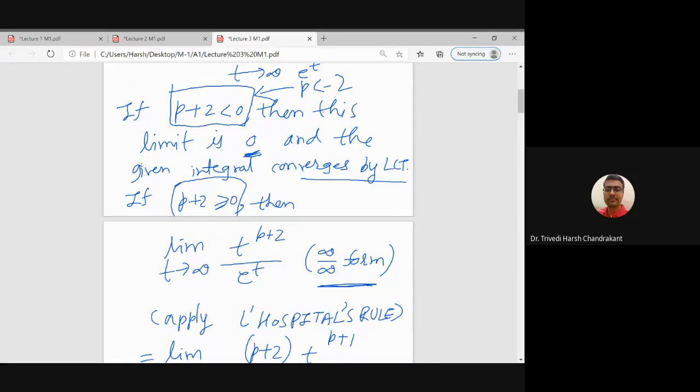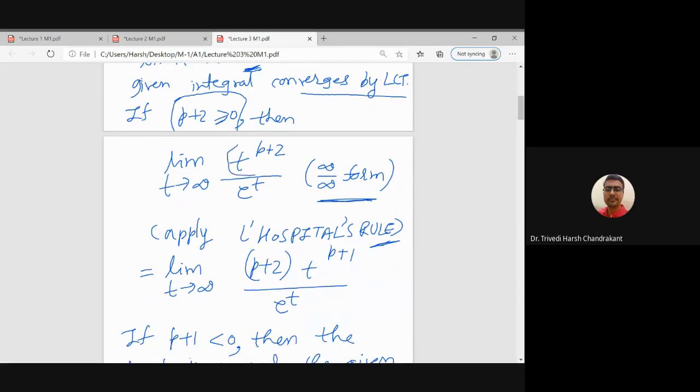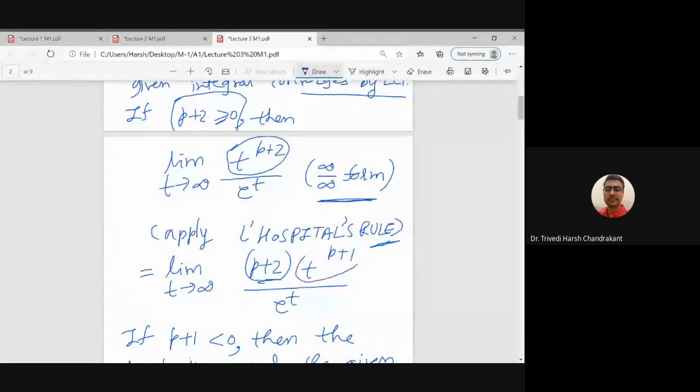So we can apply L'Hospital's rule, and we know that when we apply it, we differentiate the numerator term and the denominator term. If you differentiate the numerator, we get p plus 2 times t power p plus 1. One power will decrease because we are differentiating.